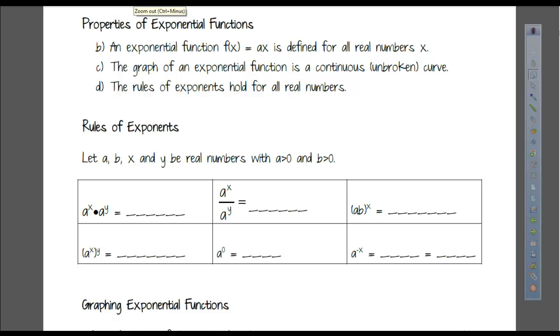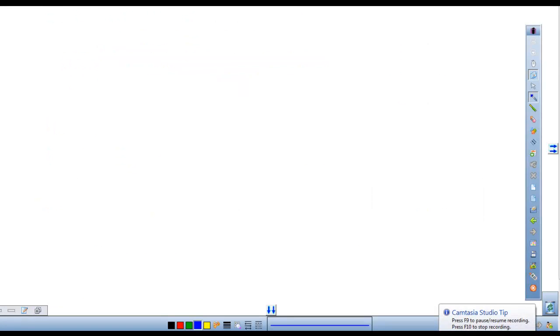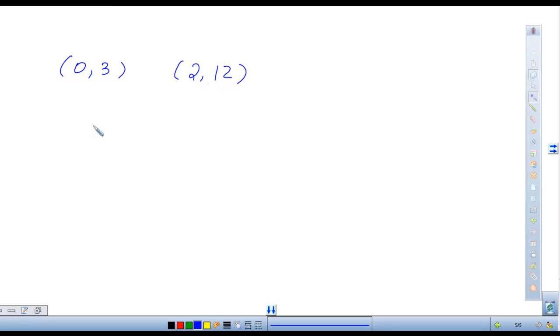Another one like that? Okay, so if we have the points 0, 3, and 2, 12, and our basic model is f of x equals c times a to the x. I'll plug in 0, 3 first. So we get 3 equals c times a to the 0.